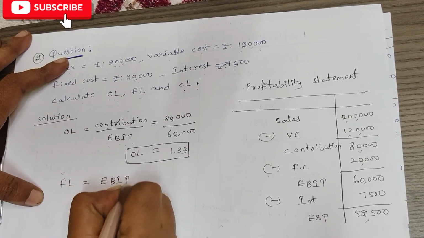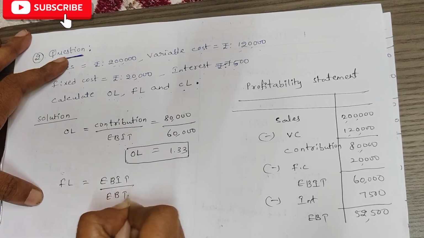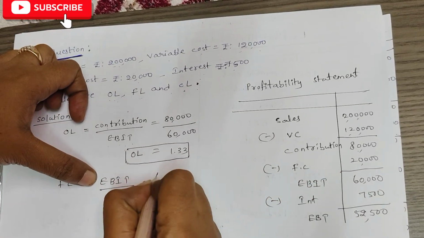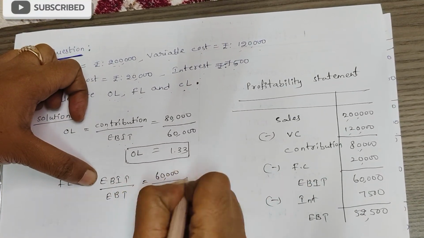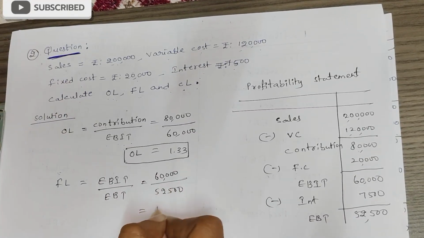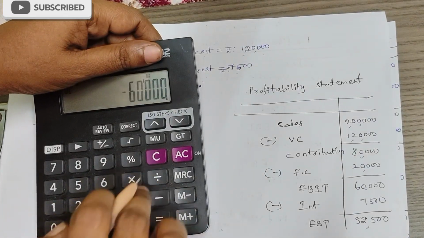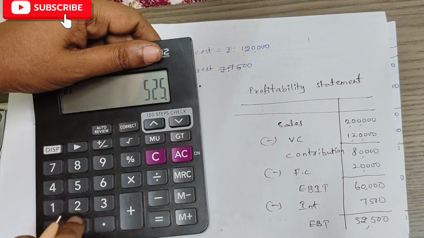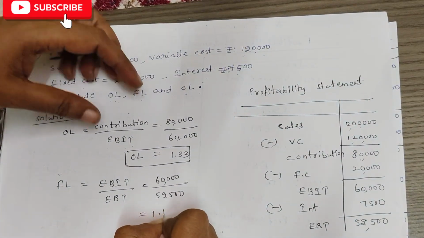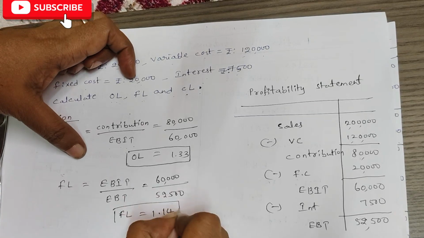Earnings before interest and tax divided by earnings before tax. So what is our EBIT here? 60,000 divided by EBT, 52,500. Just apply those values here. 60,000 divided by 52,500. 1.14. So what is this? Financial leverage.